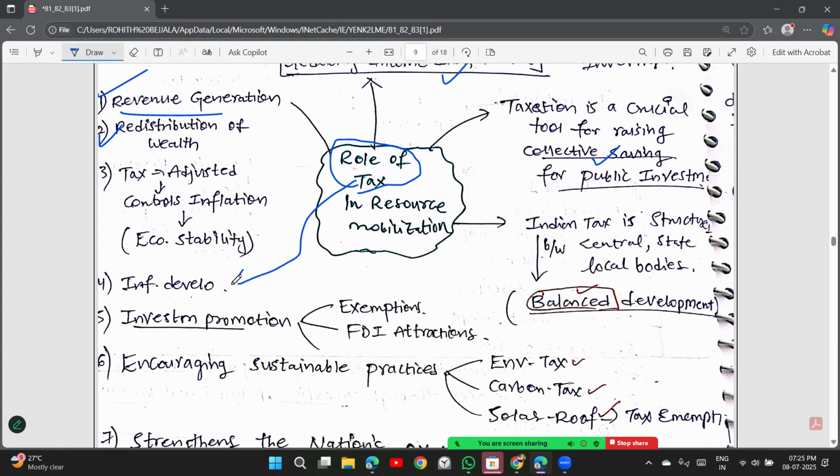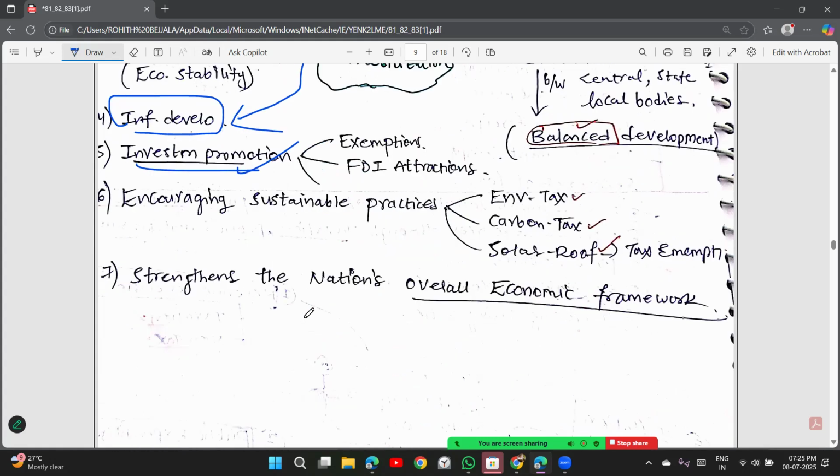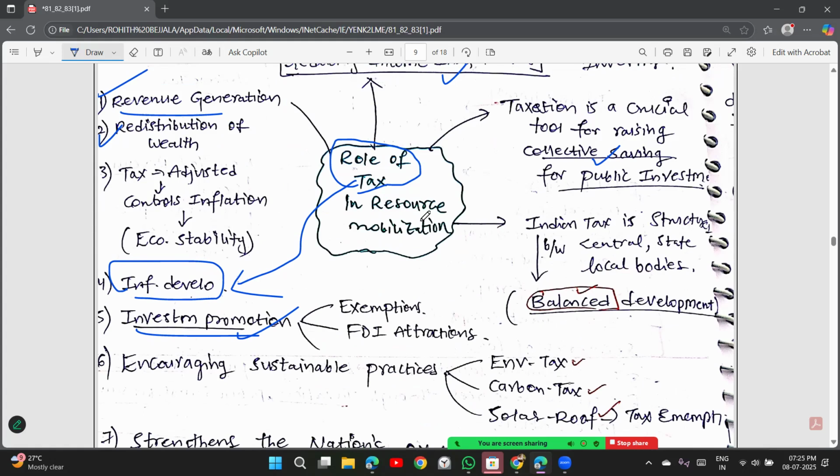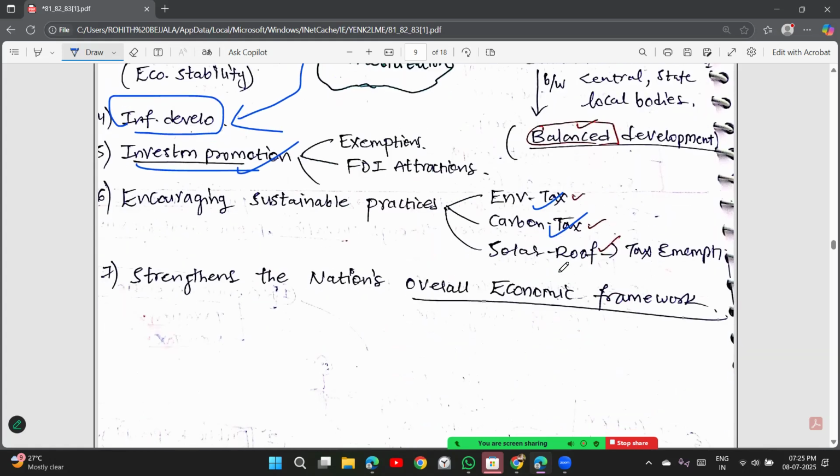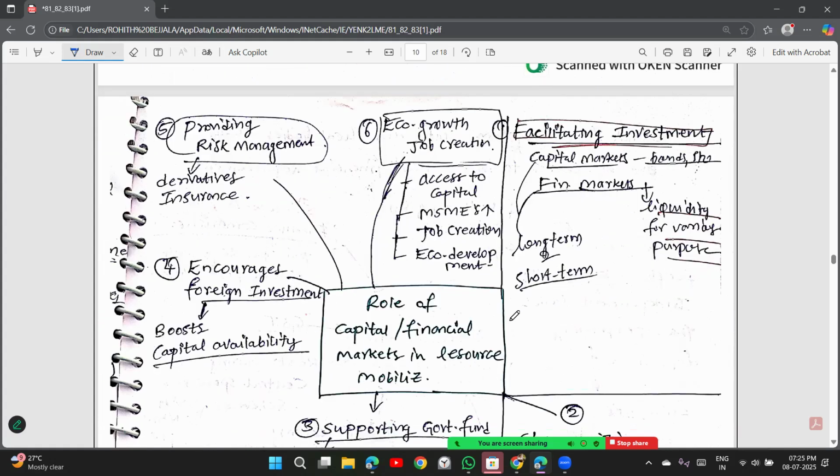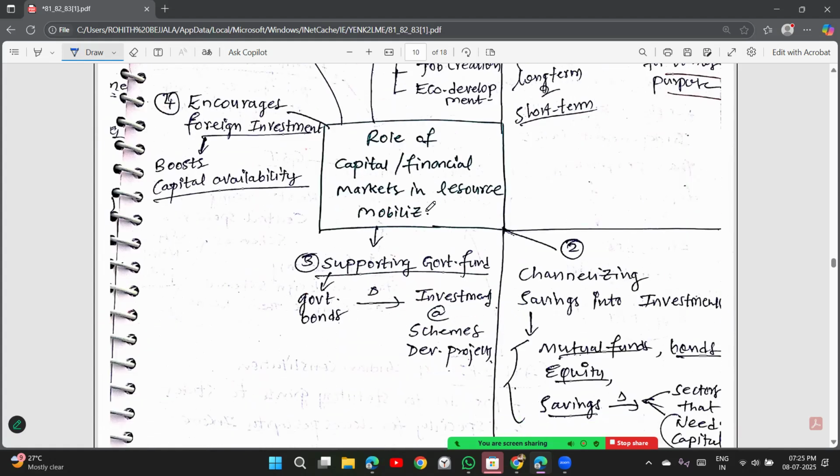The tax that we pay will go into infrastructure development, investment promotion, and also, for example, the tax will encourage sustainable development practices like environment tax, carbon tax, and some other things.